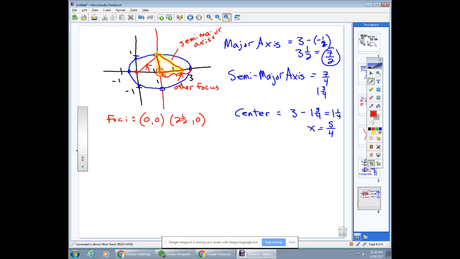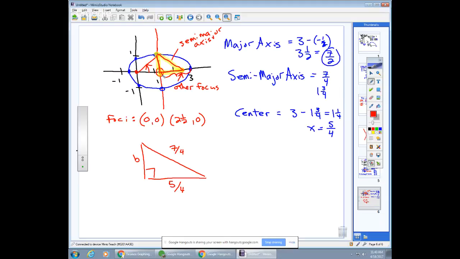We know half the distance between the foci is that 5/4 that we calculated, because one of the foci is the pole. Just isolating that triangle, I know that the bottom here is 5/4. The semi-major axis we calculated to be 1 3/4, which is 7/4. So that's right here, 7/4. And so this right here is my semi-minor axis. We usually call that guy B.